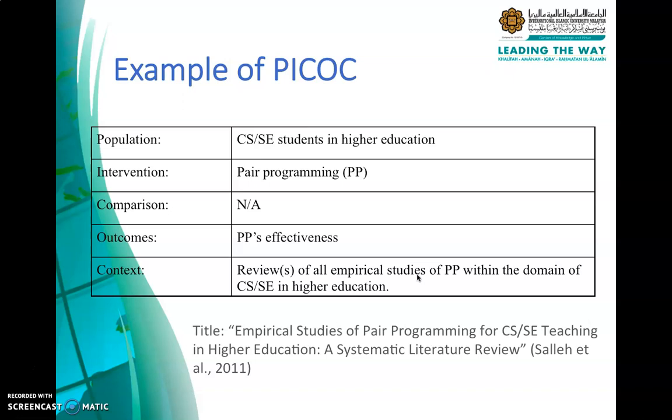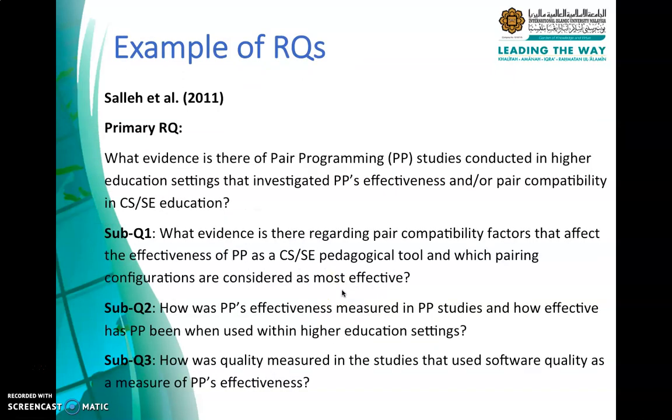That's why an SLR is aimed at having a focused review rather than a generic one. Here the focus is specifically on the context of higher education and in the computer science and software engineering domain. So having those PICOC elements in mind, I set up these particular questions.